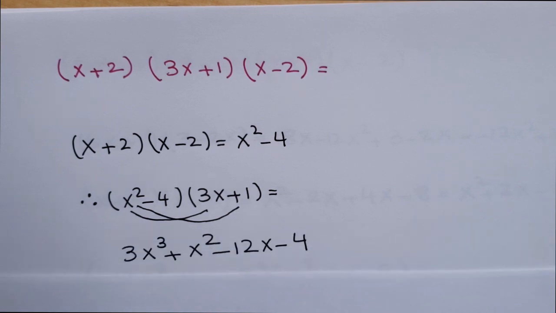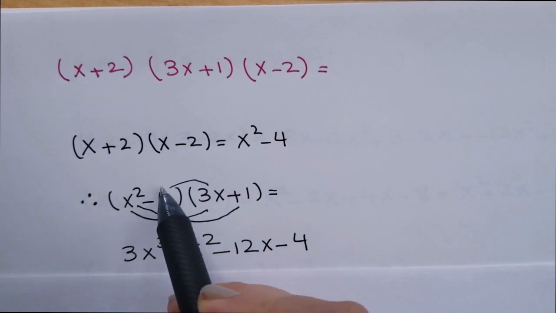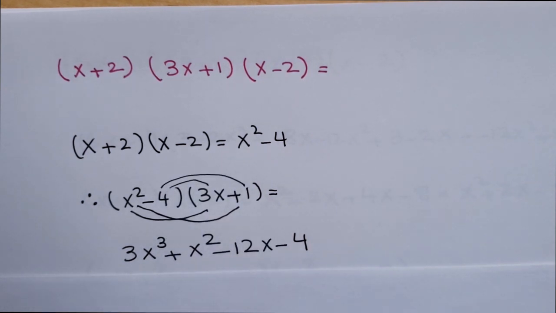This is F and O. Third one would be negative 4 by 3x and negative 4 by 1, which is I and L. From here, the answer is simplified, and it's also arranged from the highest to the lowest exponent, and you don't need to do anything else.